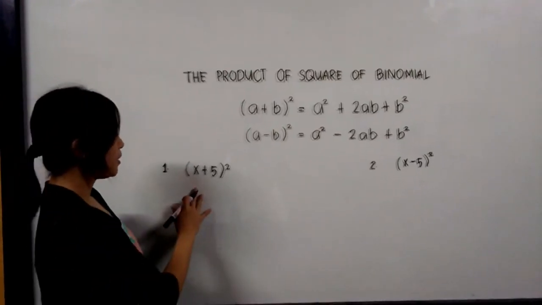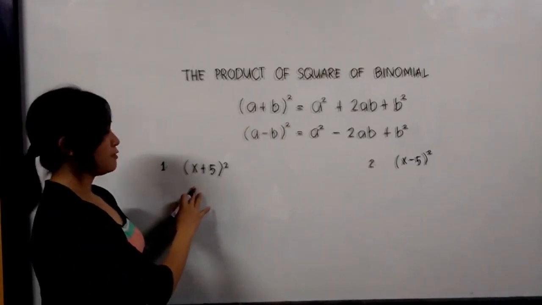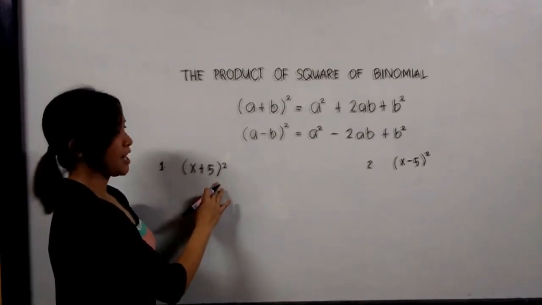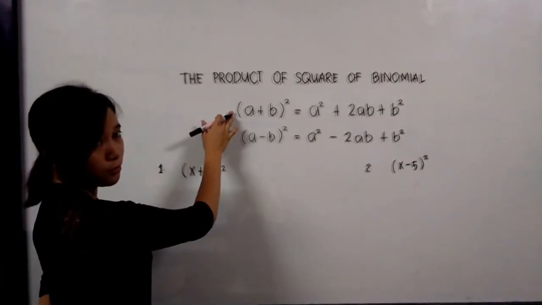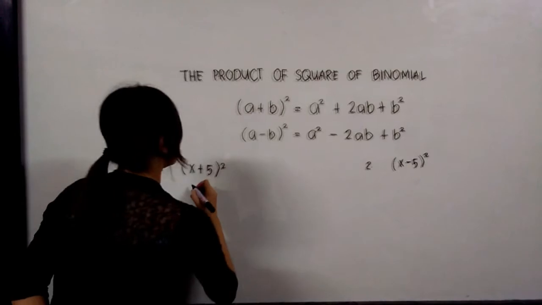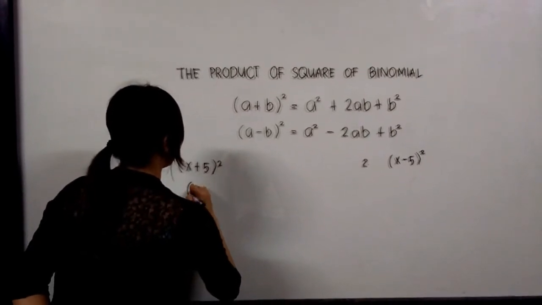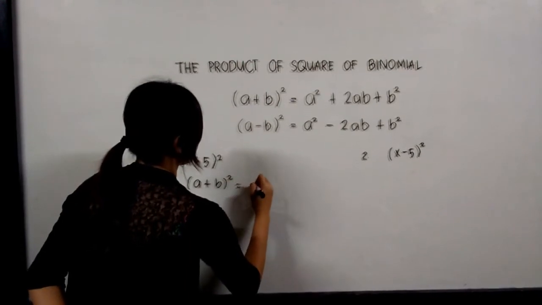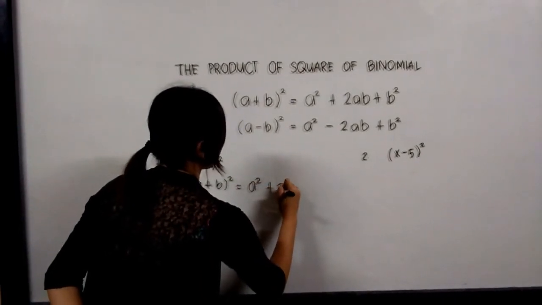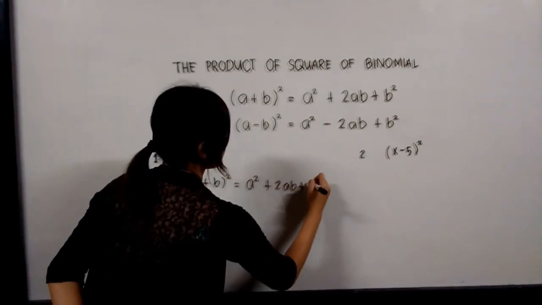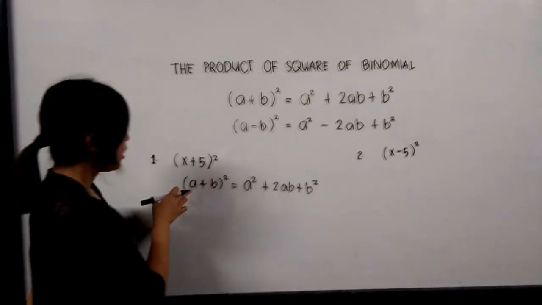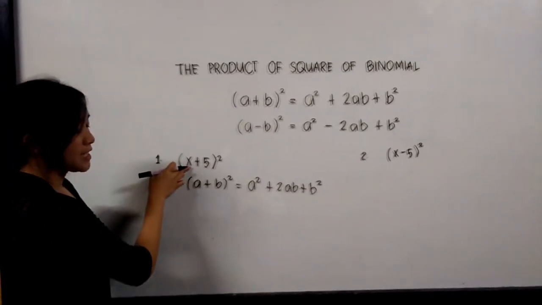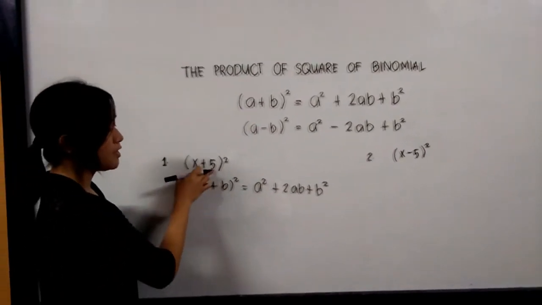So here is the example. Find the product of the square of x + 5. Applying the general formula that we had, our a signifies x and our b signifies 5.